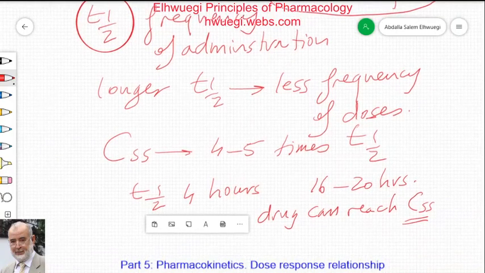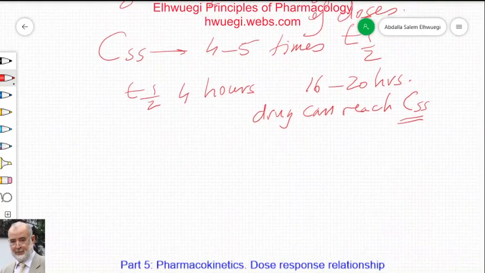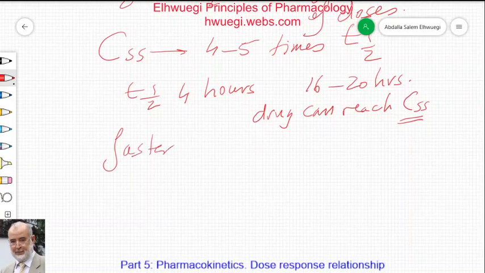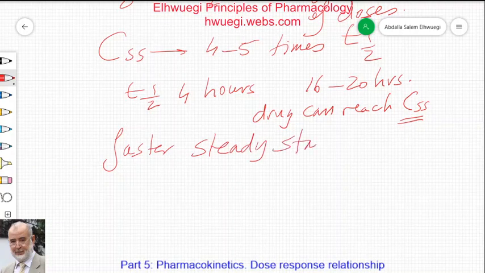Okay, this is a general rule. It always takes from 4 to 5 T-halves before we reach a steady state therapeutic concentration. This applies for all types of drugs. But sometimes I need a faster steady state concentration, especially when the drug half-life is very long.